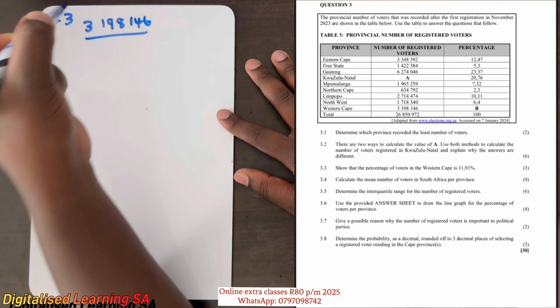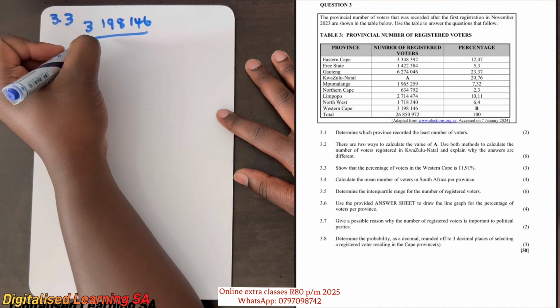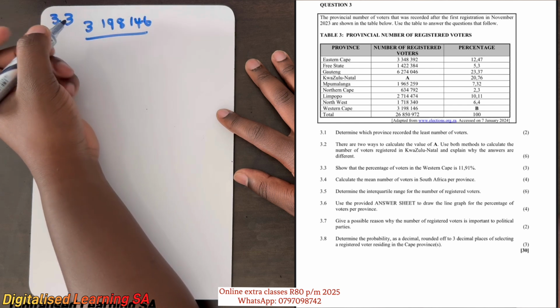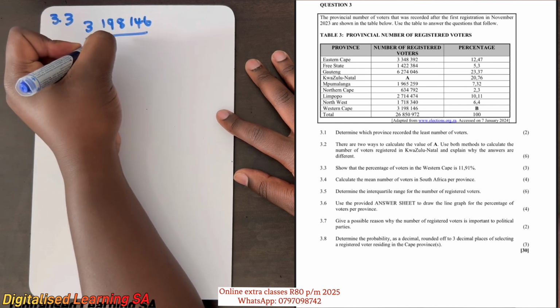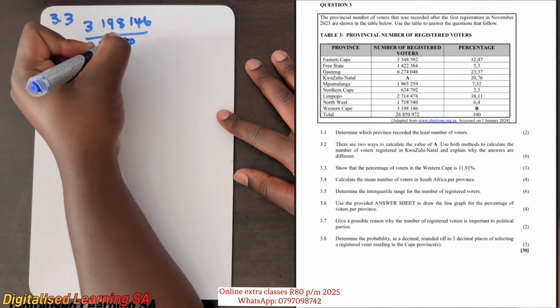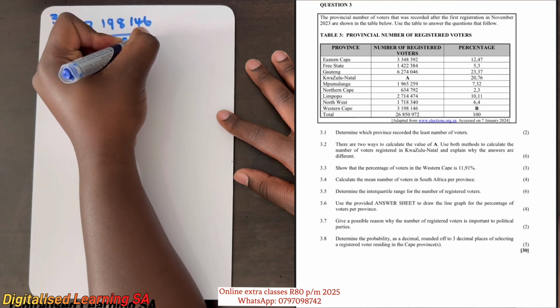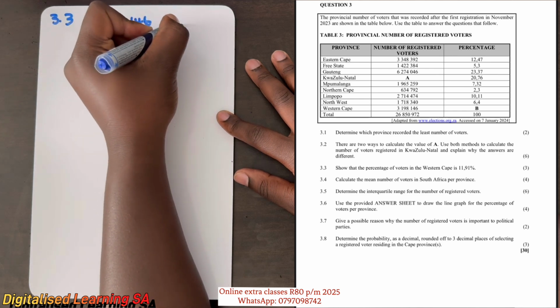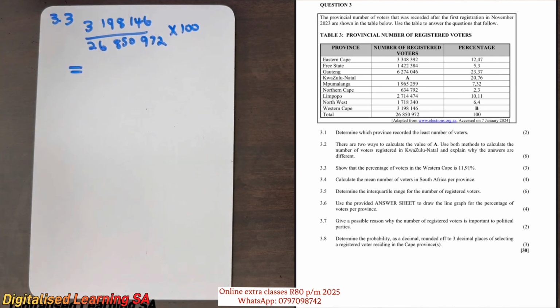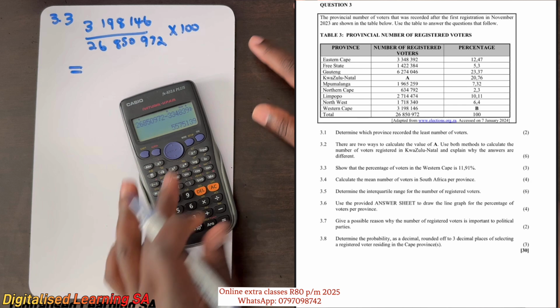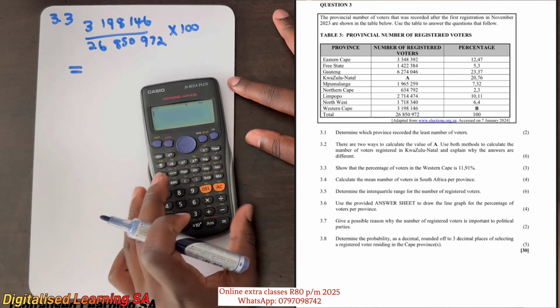If we divide this by the total, 26,850,972, and multiply by 100 because we are looking for the percentage, we should be able to get the 11.91.